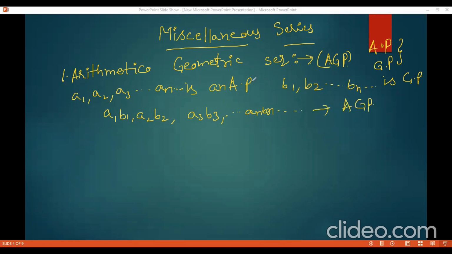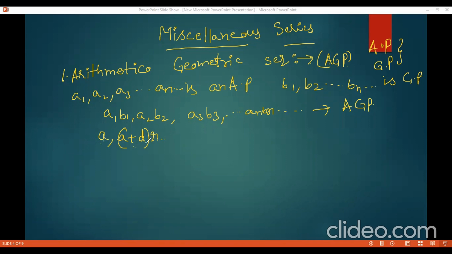Understood? So now we are finding the general form of this arithmetico-geometric sequence. For that, let us take our series. The first term is a. The second term should be a plus d times r, because it has to satisfy both AP and GP. In AP we have a and a plus d, but in GP, a and ar.